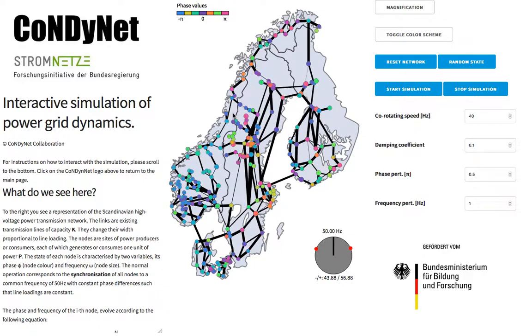In particular, what we see as missing is a more detailed explanation of what it is you see. The explanation on the left-hand side is aimed at theoretical physicists, and we need to write one that will be more appreciable to the general audience. Further, we would like to allow the user to also add or delete lines in order to show how the network structure affects the dynamical properties.